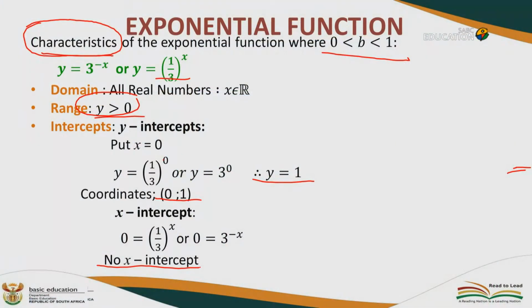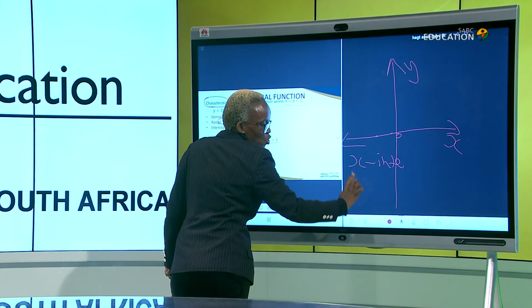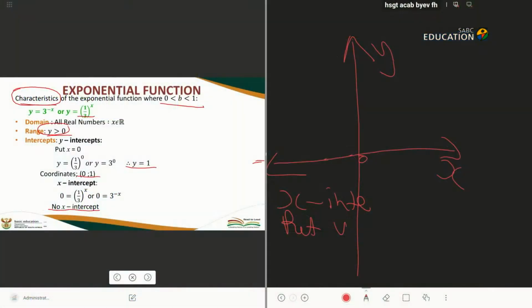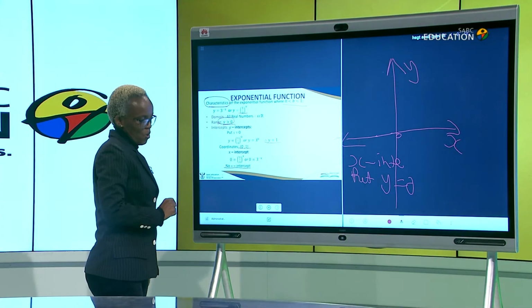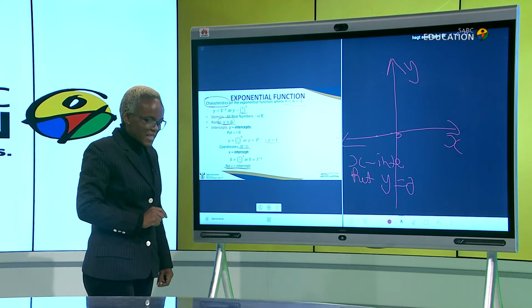We don't have the x-intercept because remember, when we're looking for the x-intercept, we put y equal to 0. Now, when we put y equal to 0, we'll have 0 equals a third to the exponent x. So we cannot get the x, therefore, we do not have the x-intercept.